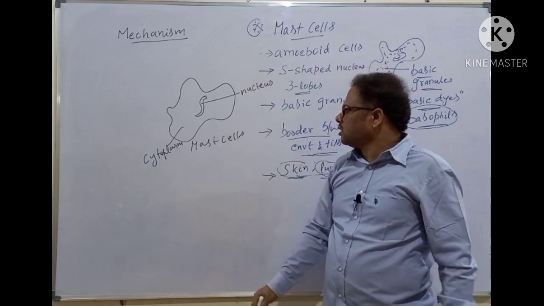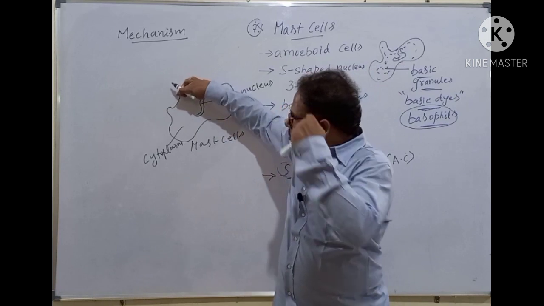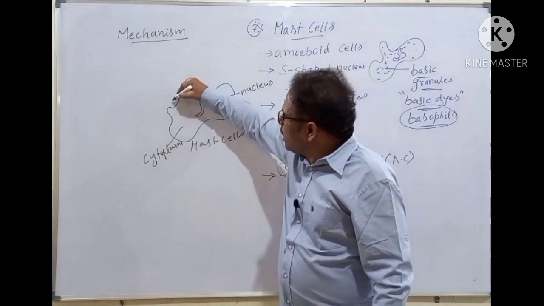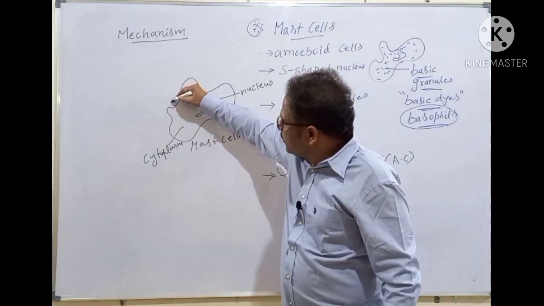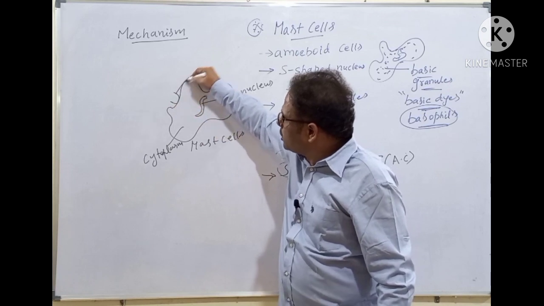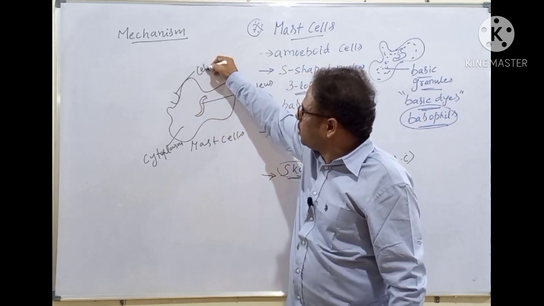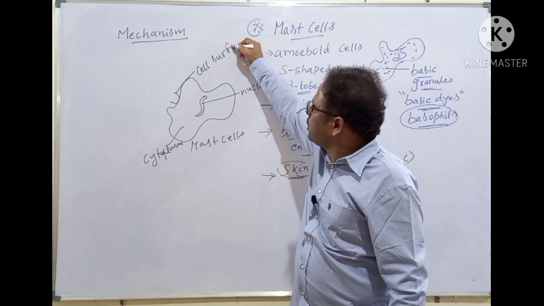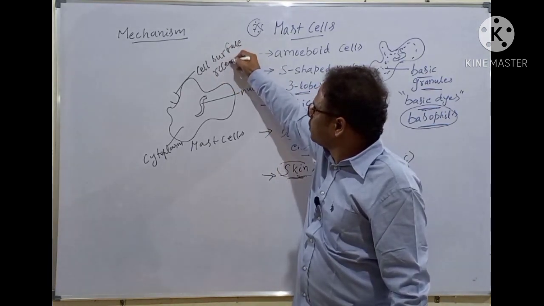Okay, students. And here is the surface of the mast cell, and it contains a receptor. The surface of the mast cell contains a receptor, called the cell surface receptor.